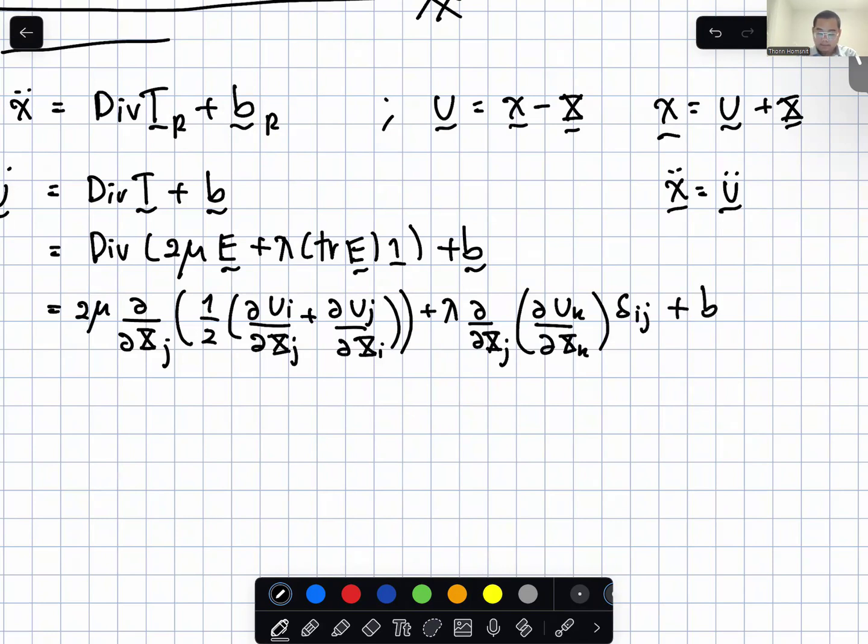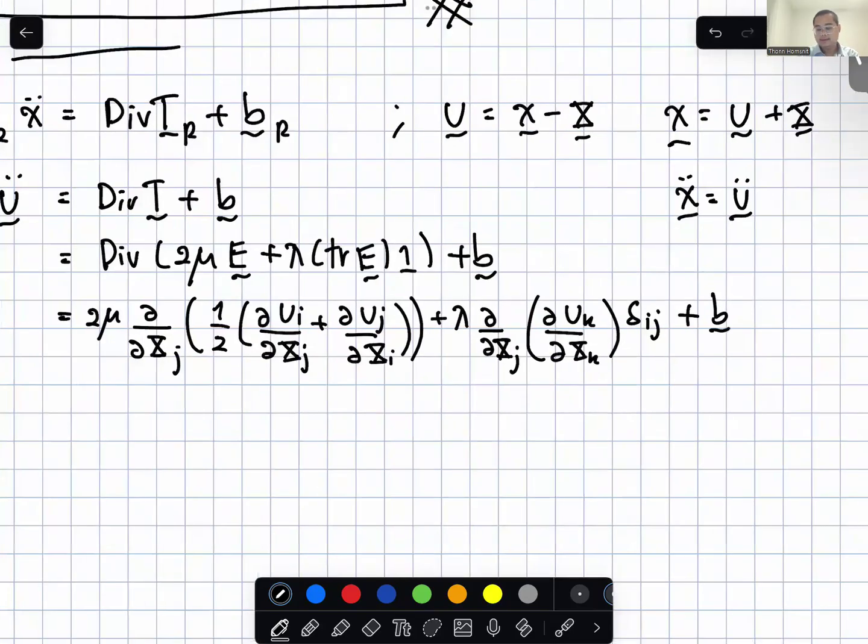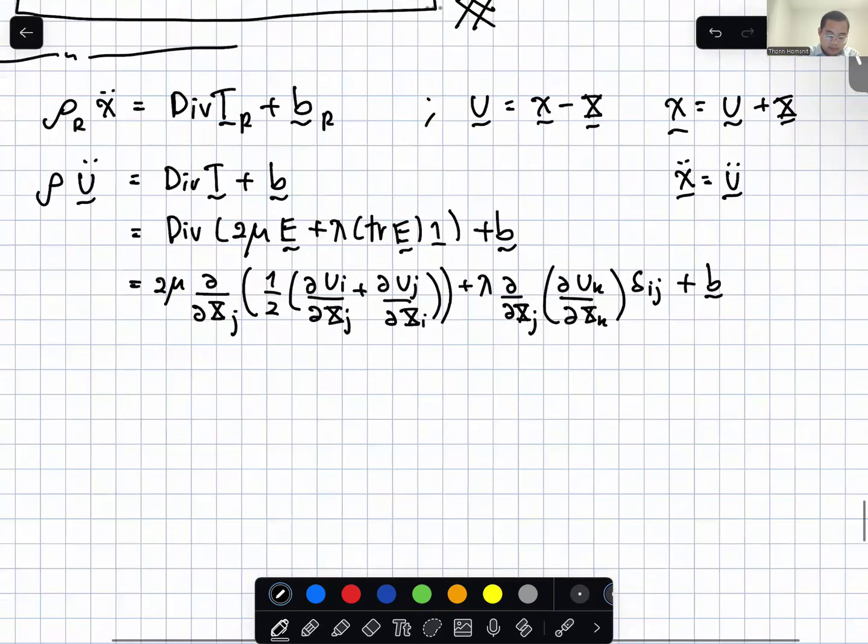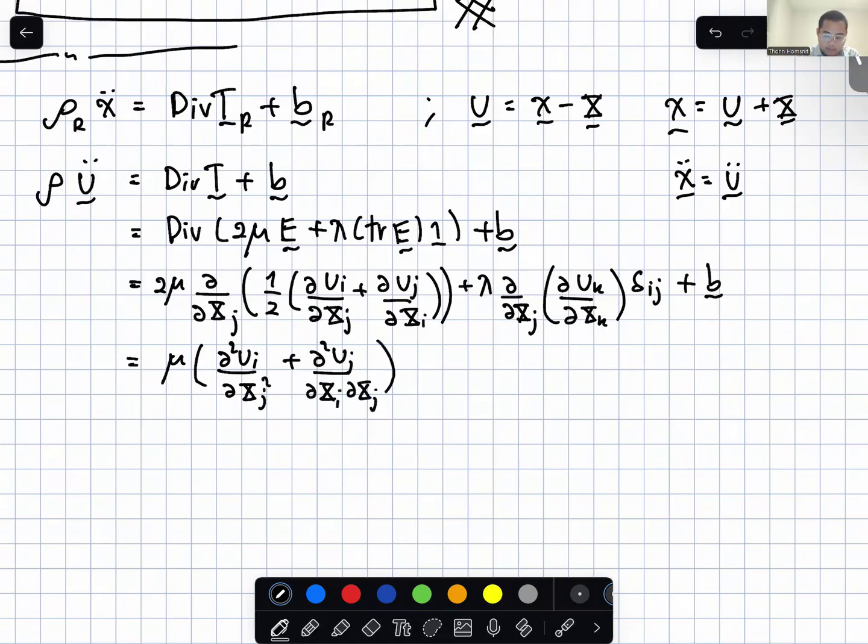So we just leave it like so, and we can see that the two cancels out, so it leaves mu and terms with the partial derivative of ui squared with respect to xj squared plus the partial derivative of uj twice, with respect to xi and xj over there.